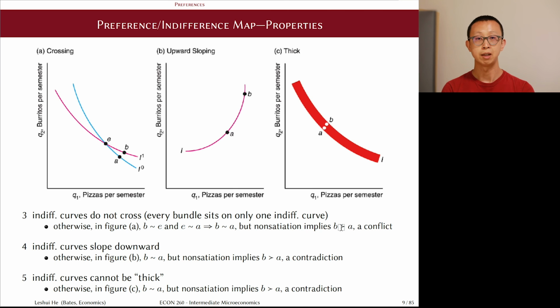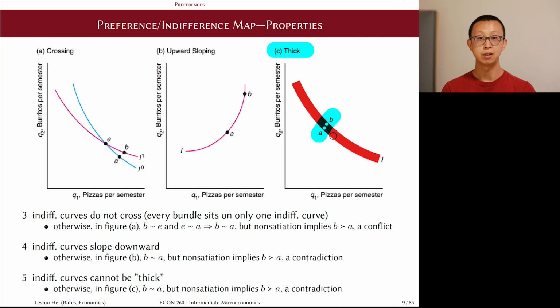Lastly, property 5, which says that indifference curves cannot be thick. Imagine that we have a very thick indifference curve as we have here in figure C. Then what could happen is that you would have two different combinations of goods, A and B here, sitting on the same indifference curve, but because the indifference curve is thick, it becomes possible that bundle B now sits towards the upper right corner of bundle A. Then again, non-satiation becomes a conflict against the definition of the indifference curve.